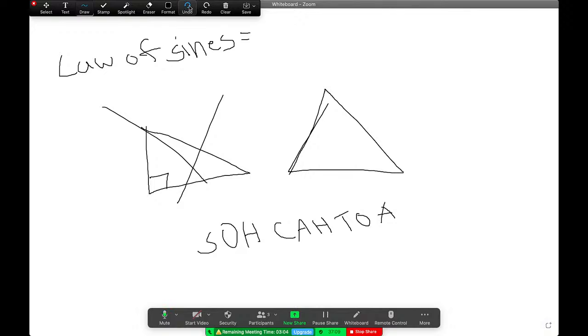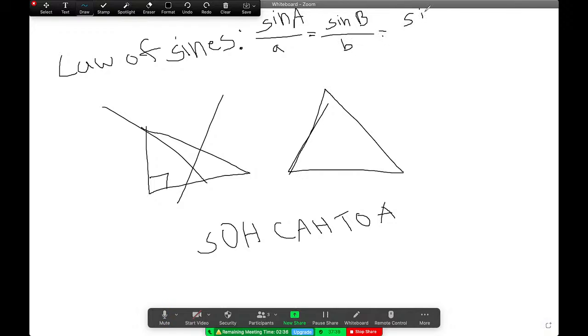So the law of sines is basically just saying that the sine of angle A over side A equals sine of angle B over side B, which also equals sine of angle C over side C.